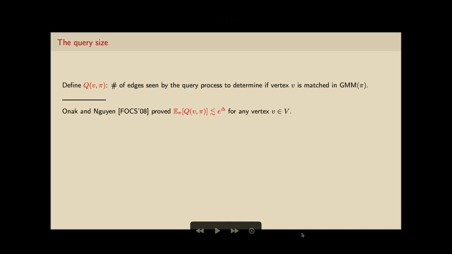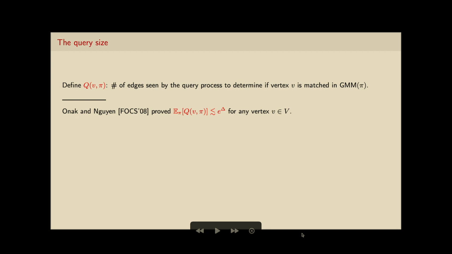In the original paper, Onak and Nguyen, who defined this oracle, showed that for any vertex in the graph, so long as this permutation is random, the running time is at most e to delta. This basically bounds all the edges reachable from this vertex v via monotone paths along the ranks. So if you reach a vertex, you must have gone through a path whose ranks are monotone. And this bound is actually tight for monotone paths.